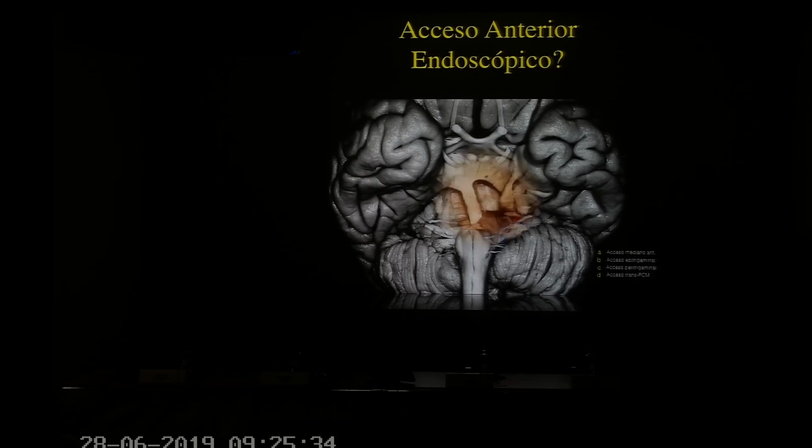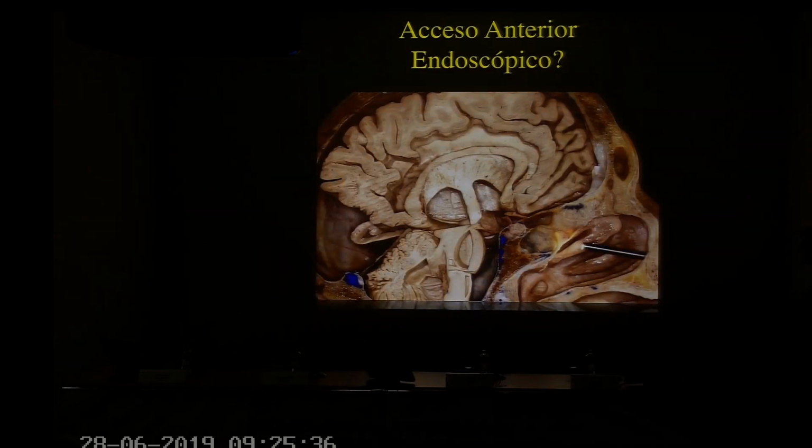That's the reason I put this picture. This picture is just to understand how useful the endoscopic approach is today when you want to reach the anterior and ventral portion of the pons. This is a very useful tool.